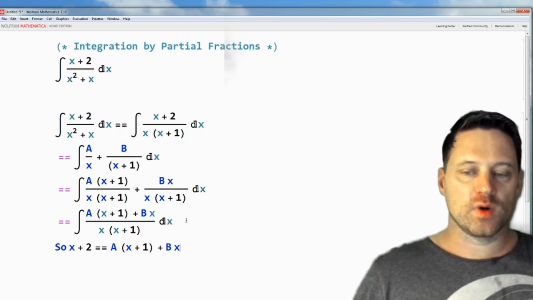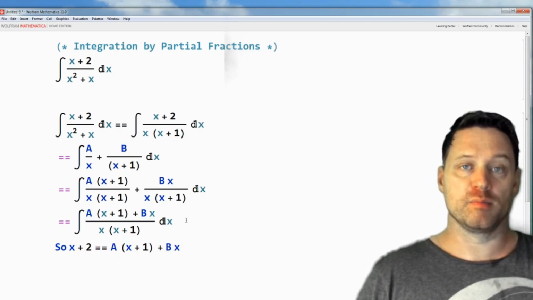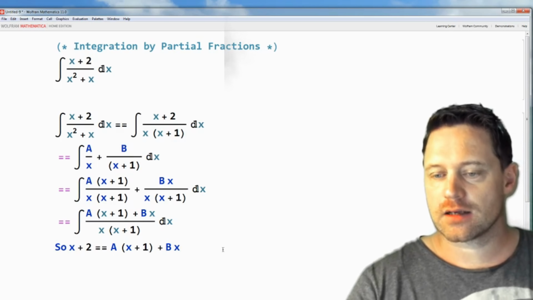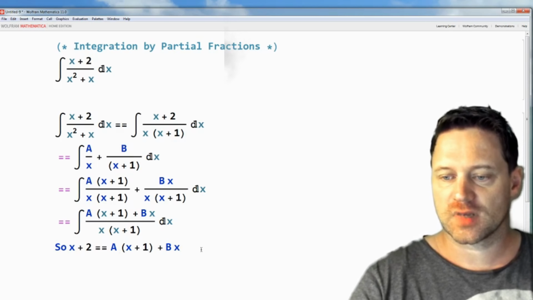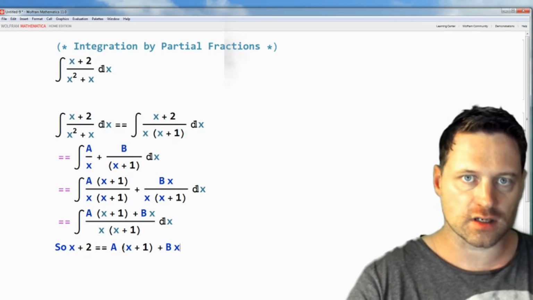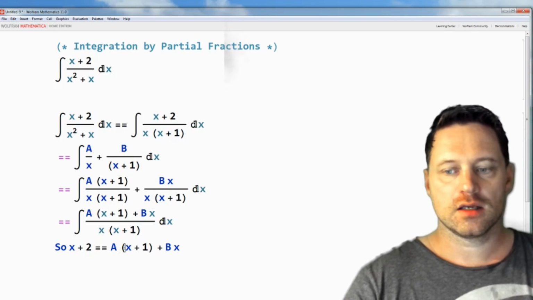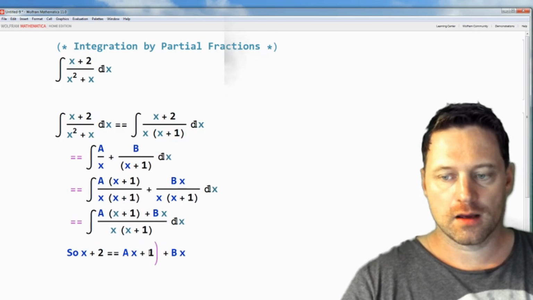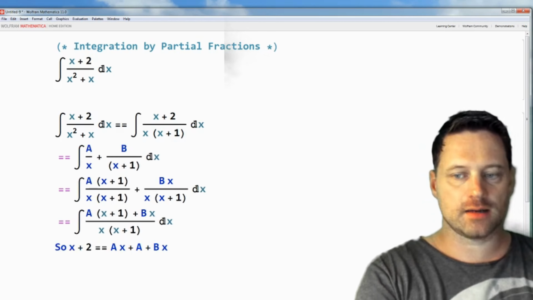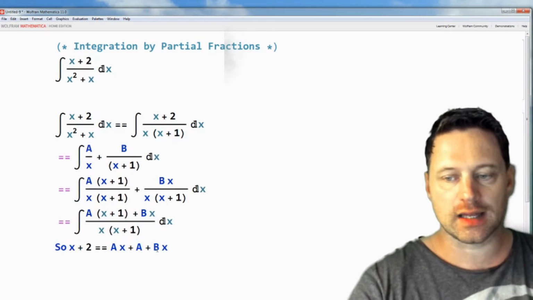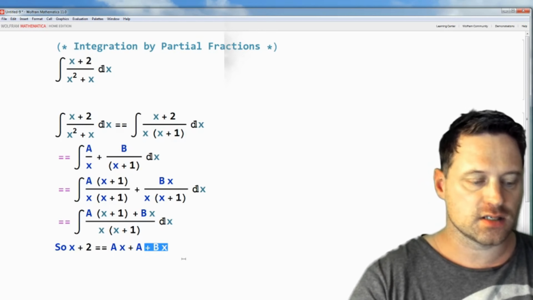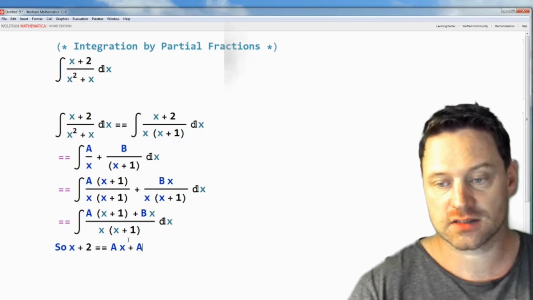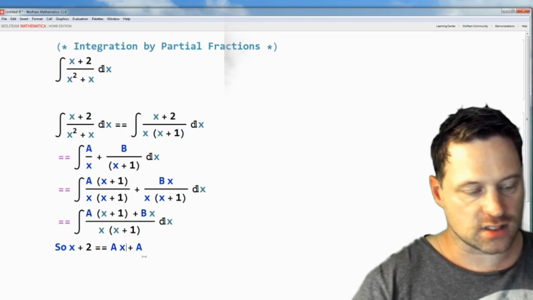Okay, now we want to solve for A and B. So let's rearrange the right hand side. First of all, I'll expand the A over the bracket. Okay, and now we want to collect like terms, so coefficients of x and constant coefficients.